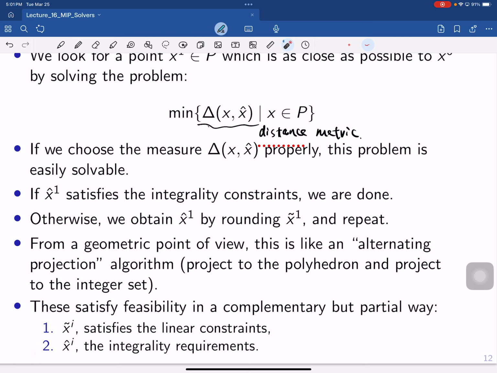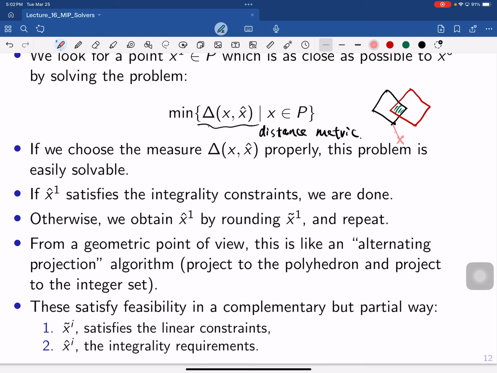From a geometric point of view, this is what is called an alternating projection algorithm. Let's say you have two sets. This is the first set, and this is the second set. I want a point to be in the intersection of the two sets, which is this particular region here. In order to project a point to the intersection of the two sets, I first project the point to this black set.